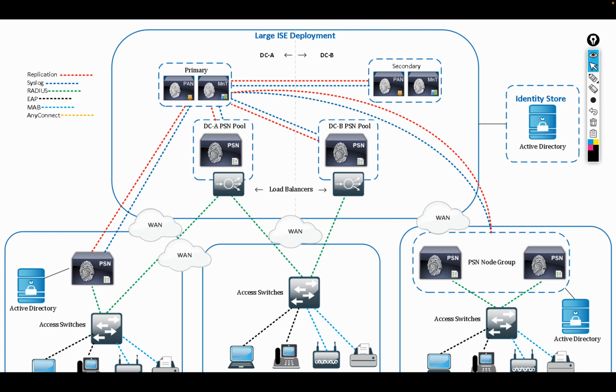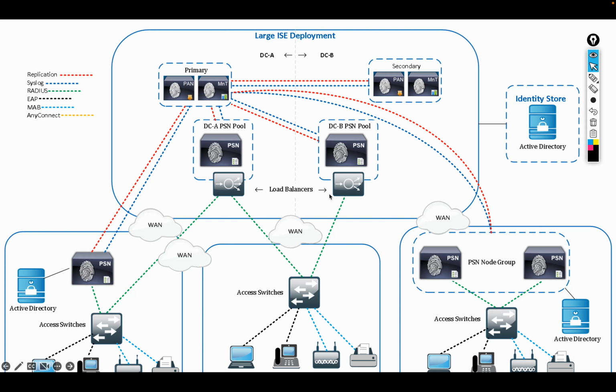It works pretty well if you follow the guide from Cisco, like having the Active Directory here, and respecting the timeout and the latency that should be 300 milliseconds between these devices. So if everything is following the rules, it works pretty well. There's no big issue. The synchronization always happens from the PAN to the PSNs. Monitor is working very well.